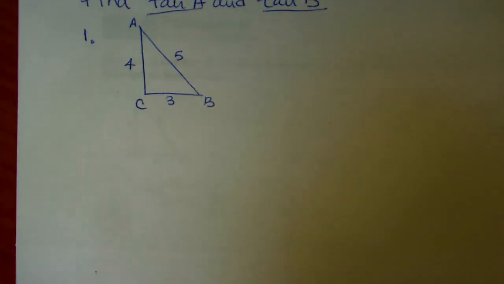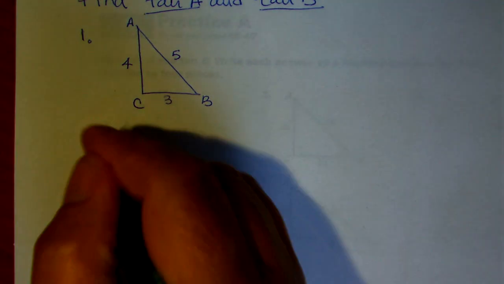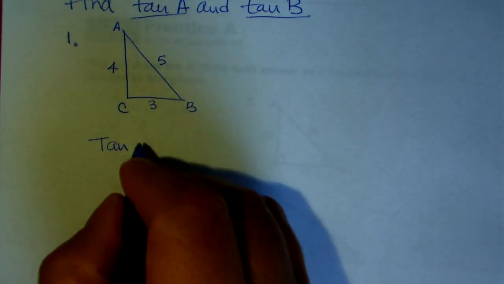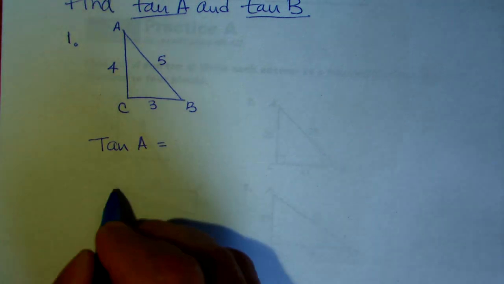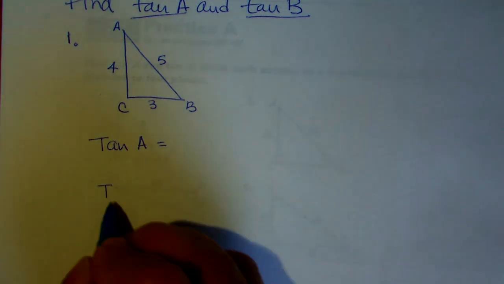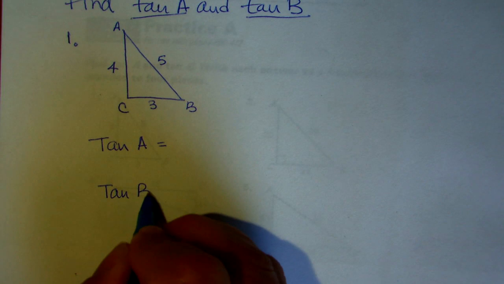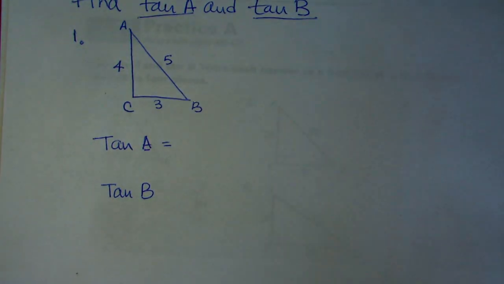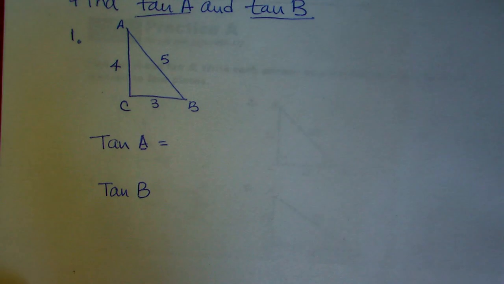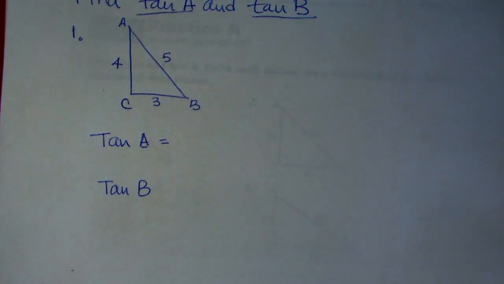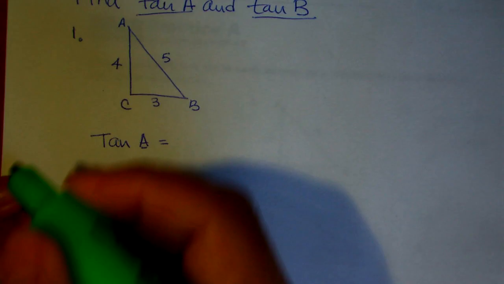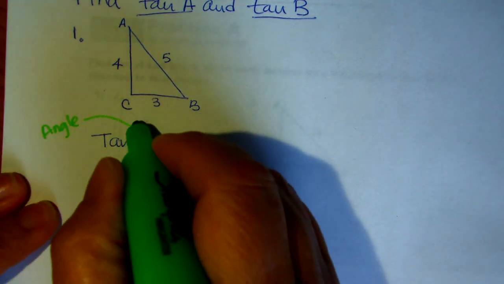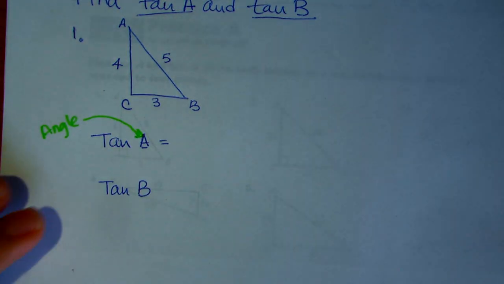So these are just the ratios. I'm gonna write over here tangent of angle A and the tangent of angle B. Okay, remember here we're referring to the angles. So I'm going to make a note right here, referring to the angle.